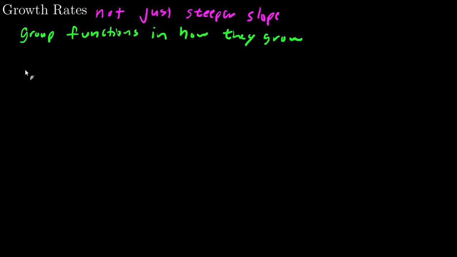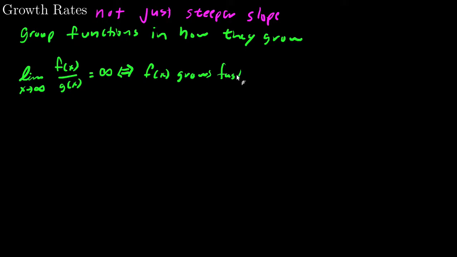Given 2 functions, f of x and g of x, if the limit as x approaches infinity of f of x over g of x equals infinity, then f of x grows faster than g of x. Or I could also say g of x grows slower than f.